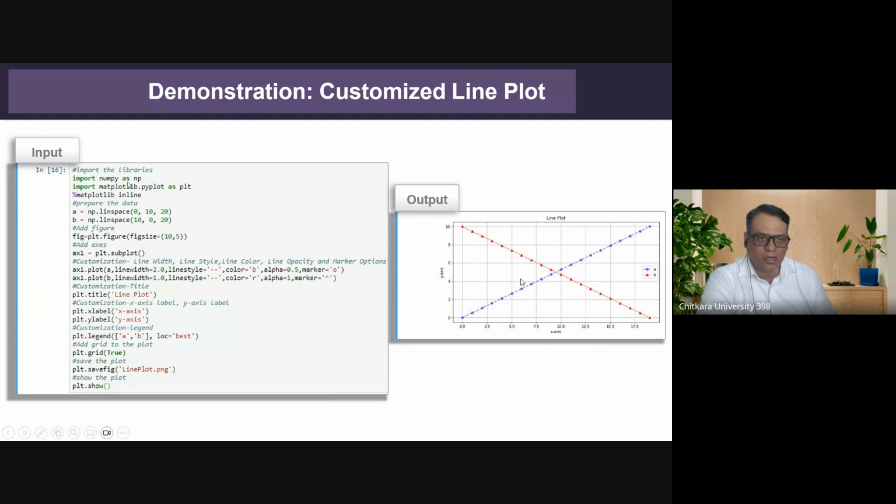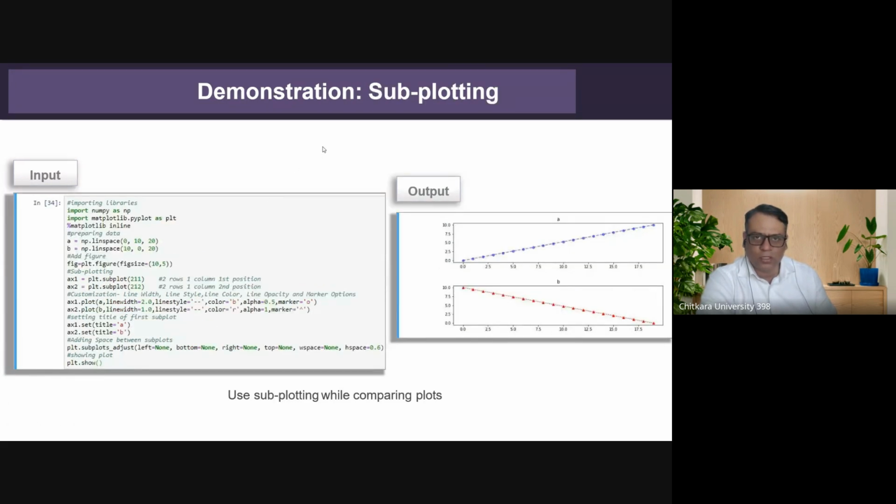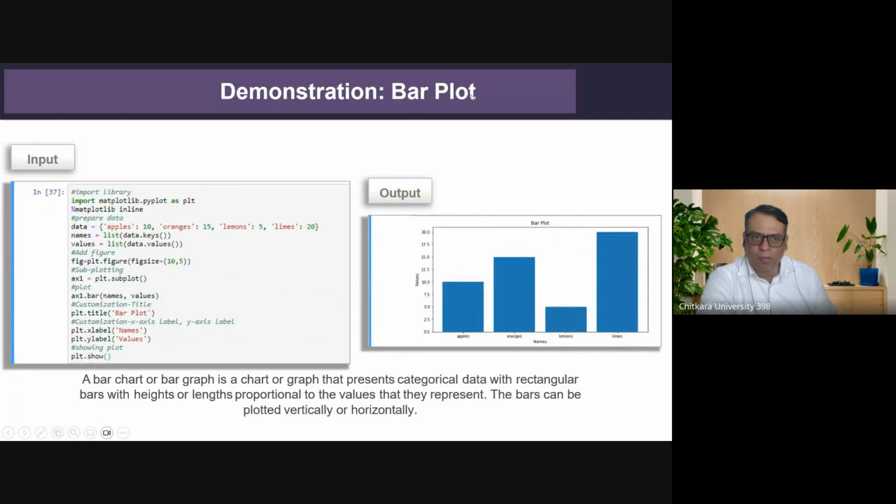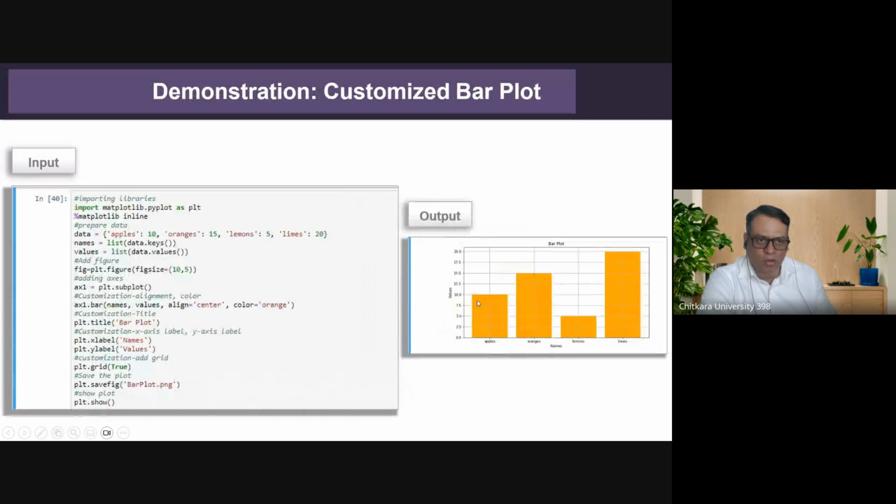You can see right here, similar libraries, NumPy, numerical Python, Matplotlib, data visualization. So you can try this particular code on your own and see the output. Then subplotting, same libraries, NumPy, Matplotlib, bar plot. These are the codes. You can write this code on Google Colab or Jupyter Notebook and see the output.